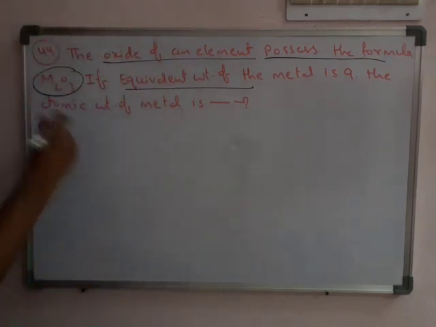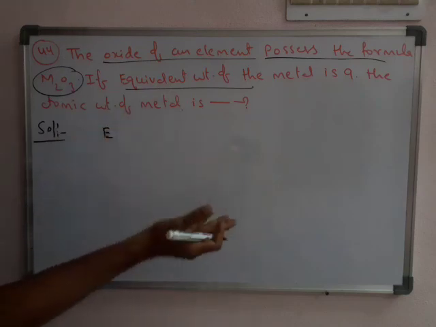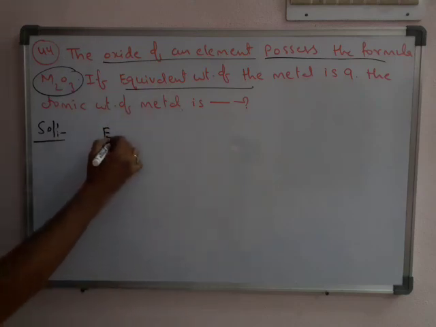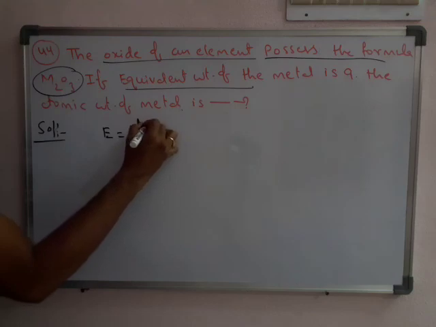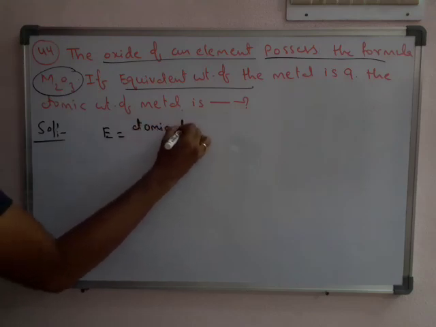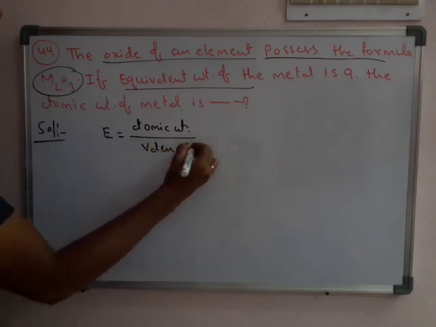We know the formula of equivalent weight. The equivalent weight of metal is equal to atomic weight divided by valency. This is the formula.